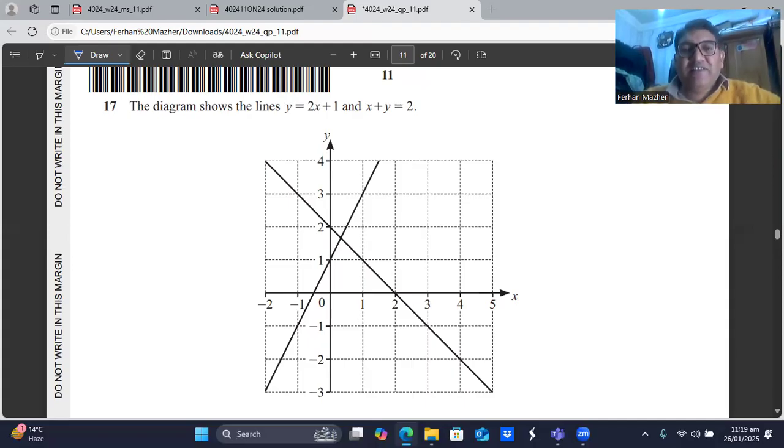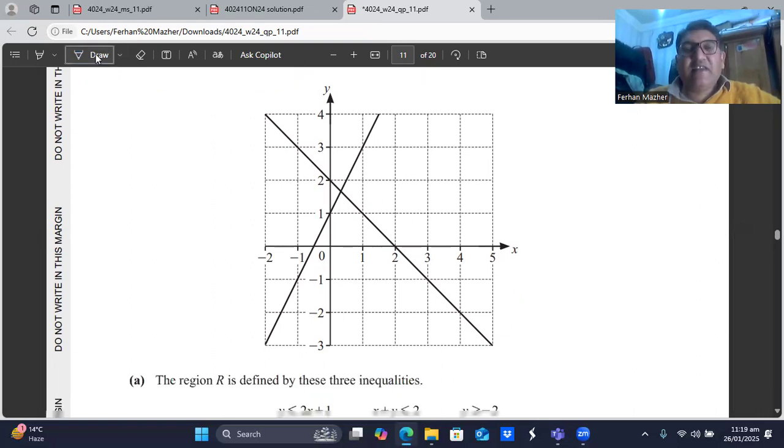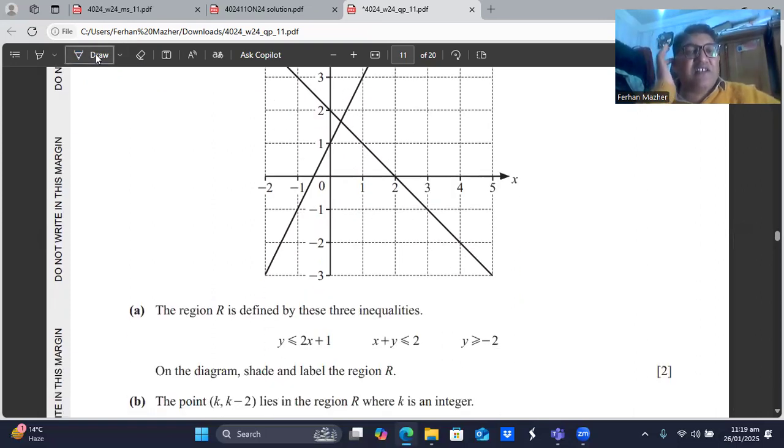So let's see what question they are asking. The question is that the region R is defined by these three inequalities. Because the crocodile's back is towards the y, you have to remain below this line. Here we have this line, and you have to remain below this line because the crocodile's back is towards the y.